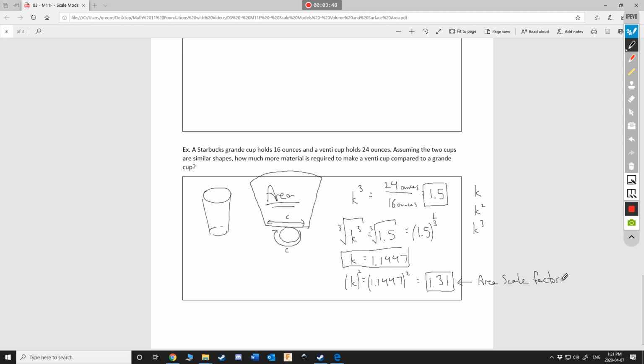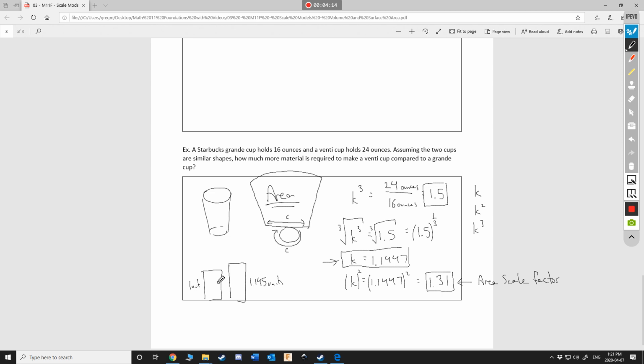So we can think of this as the difference between a Grande cup and a venti cup. For a venti cup, it needs to be about this amount taller. If the original cup was 1 unit tall, the next cup, if they're similar objects, would be 1.145 units tall.